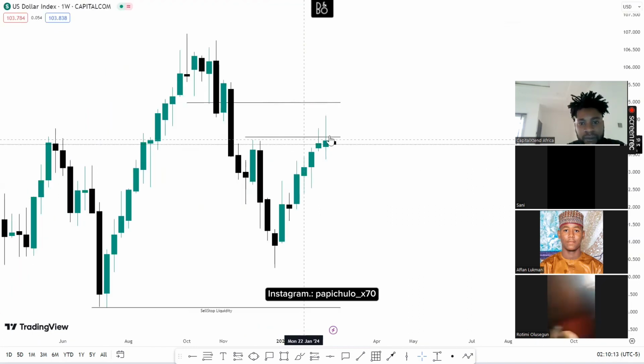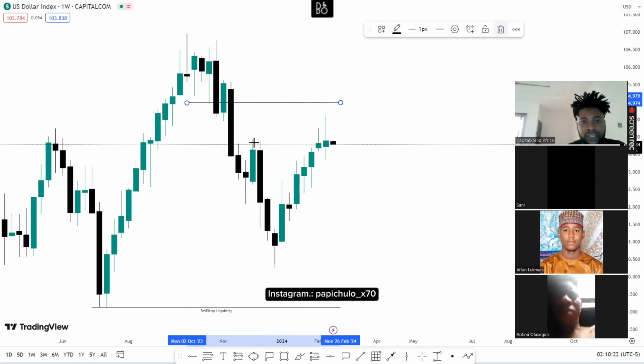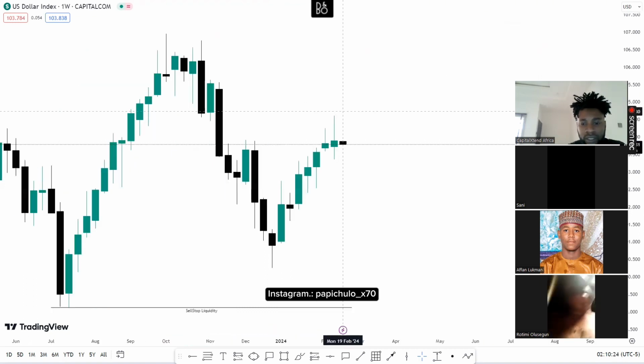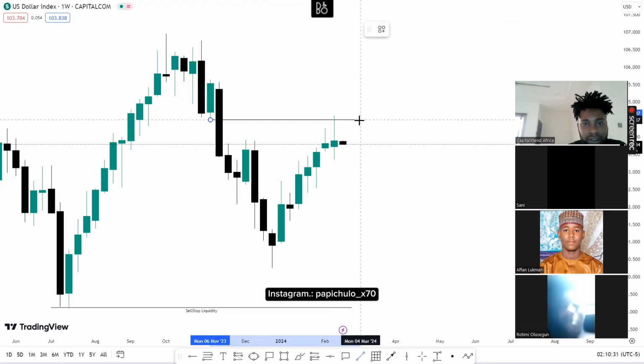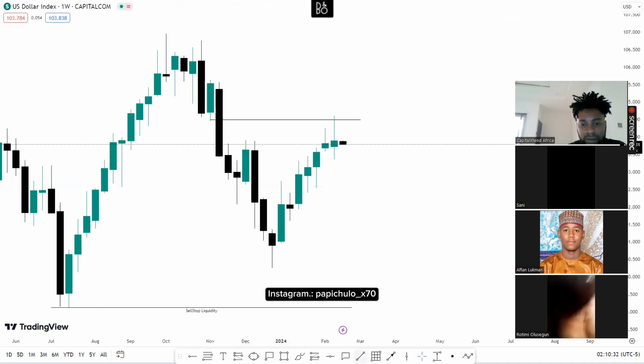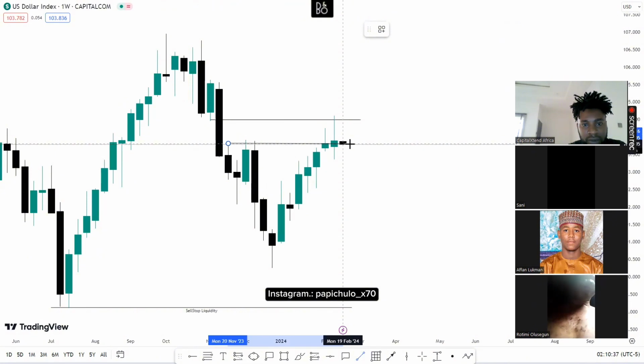Now, weekly time frame, last week closed below our monthly fair value gap, right? So I don't really need this. I have to delete. And looking closely at this week, I can boldly see this weekly fair value gap. The week just started.